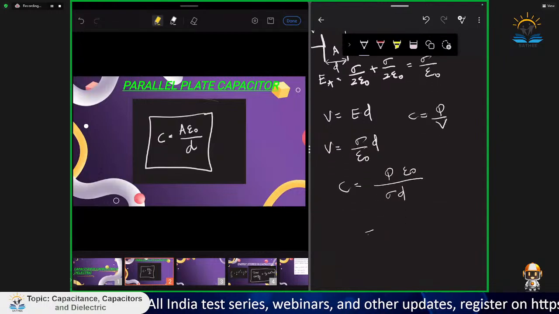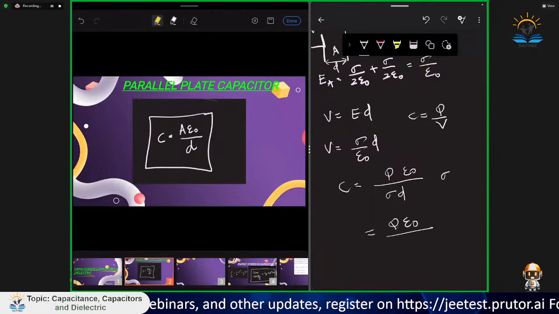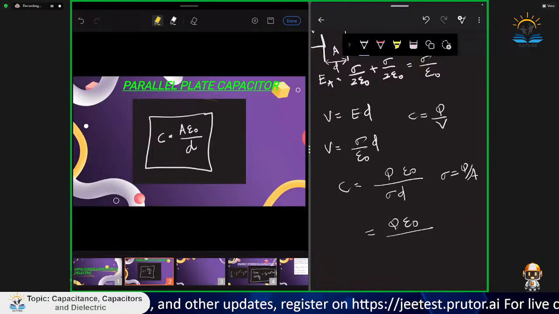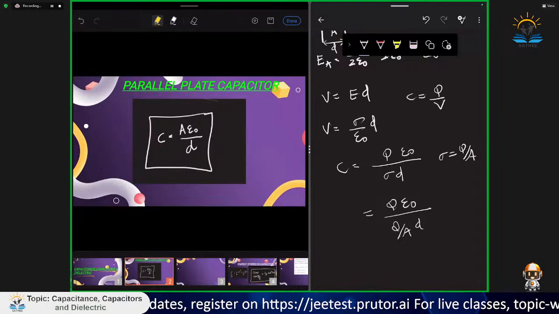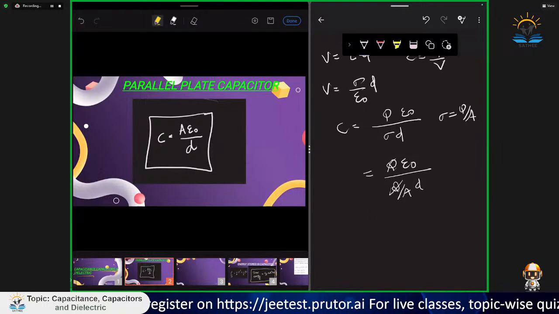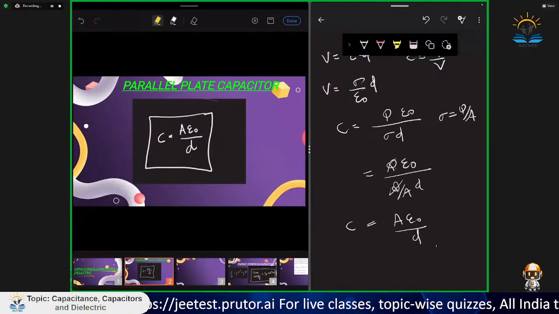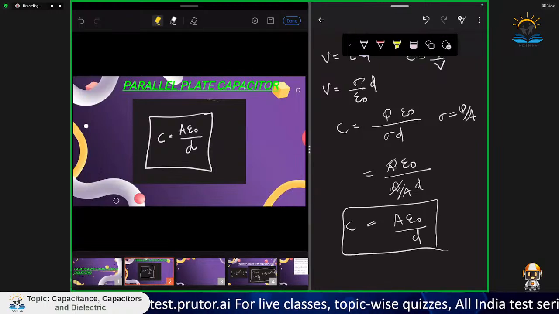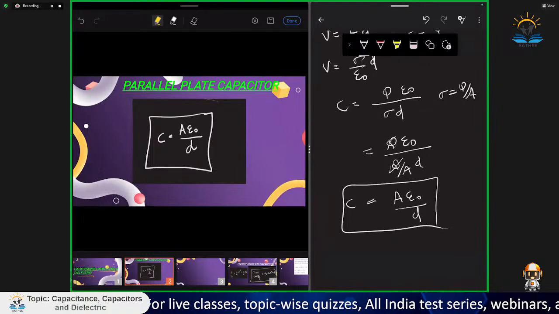And what is sigma in terms of Q? Sigma is Q by A, the surface charge density. So Q epsilon by Q by A into d. We can cancel Q. So this will be the capacitance of a parallel plate capacitor: C is equal to A epsilon by d.